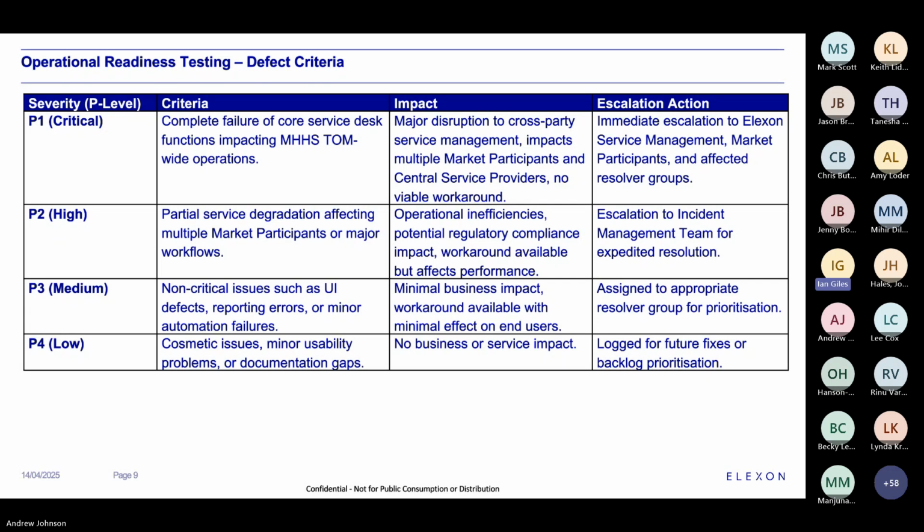P3 covers non-critical issues, defects, reporting errors, or automation failures, such as workflows in ServiceNow not being routed correctly. And as I mentioned before, P1 and P2 are the critical and high defects that we would address immediately via ad hoc defect calls if any are raised during the testing phase. Next slide, please, Andrew.